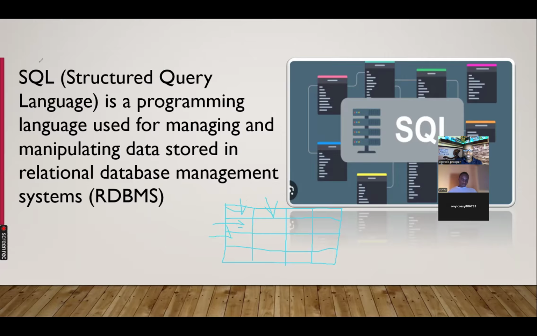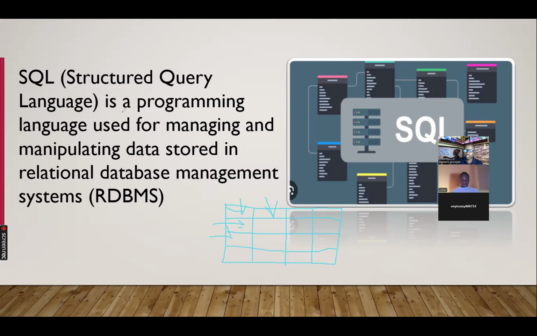So that is why it is referred to as a relational database. In other words, we need to understand what a database is first before we can know why the word relational is used. A database is like a data storage where you store records, and these records are not stored directly in that database.